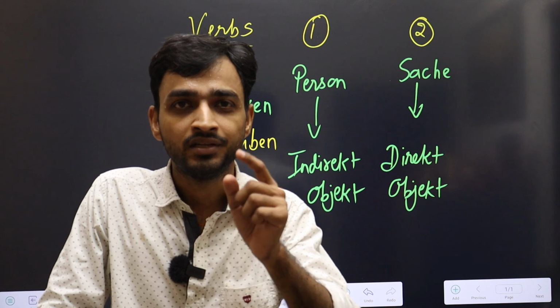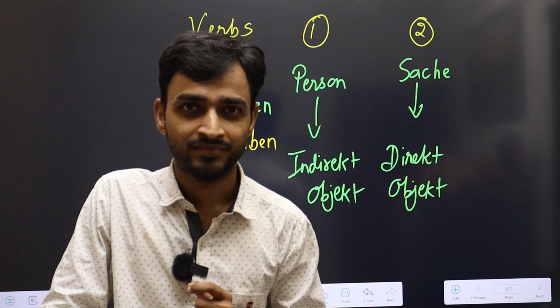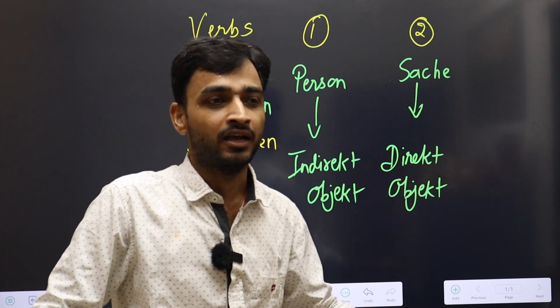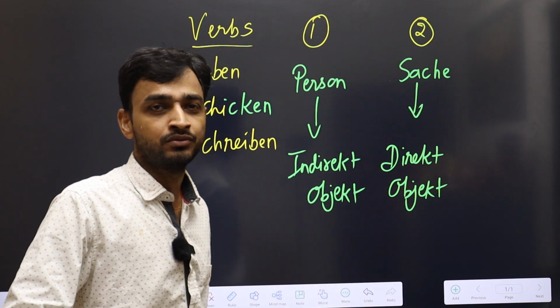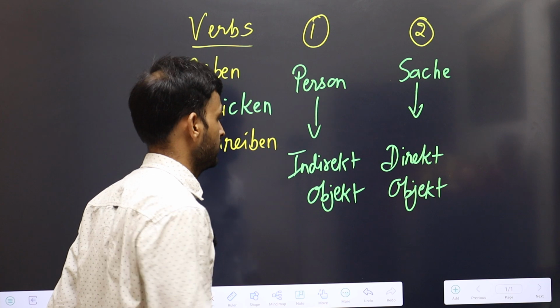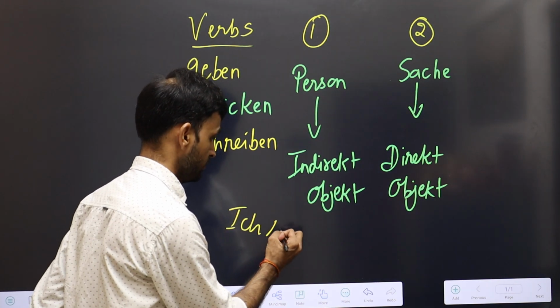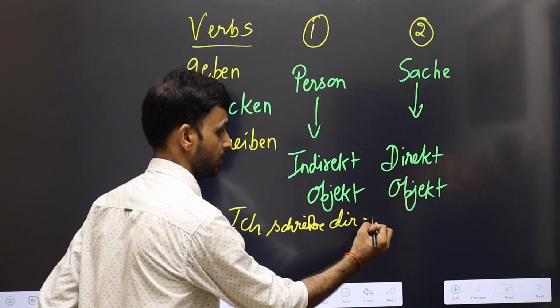I write you a letter. So, ich schreibe dir einen Brief, because as per the rule, who is the person? Letter or you? You is a person. So ich schreibe dir einen Brief.